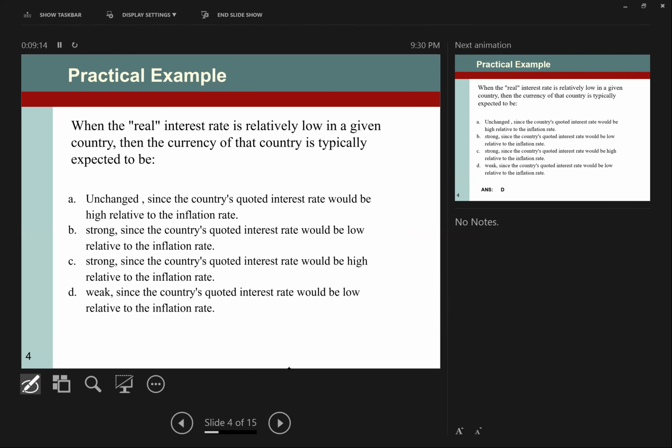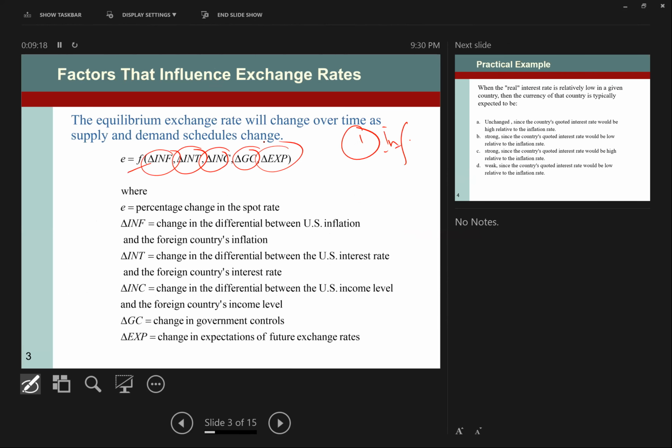How about government controls? What are the government controls? Tariffs, very nice. Also any ban on the use of the currency, or taxation on the profit of the interest, and capital flight restrictions, where you cannot take out or convert your investments into your home currency.